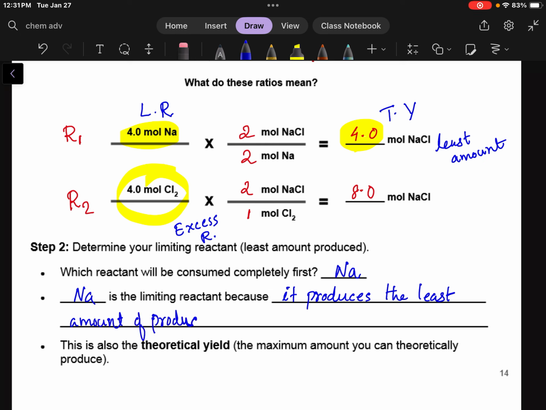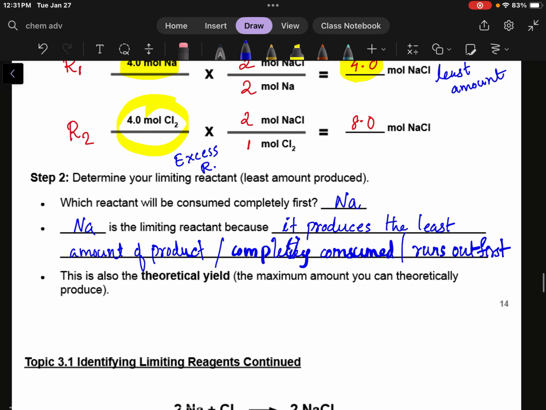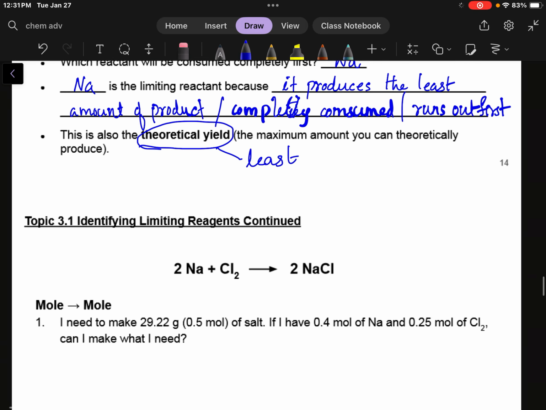Or you can say that it is completely consumed, or runs out first. Okay, and we also already said that the least amount is called the theoretical yield.